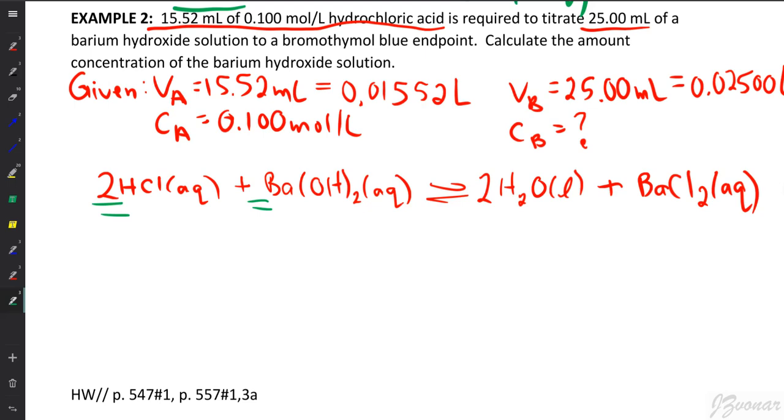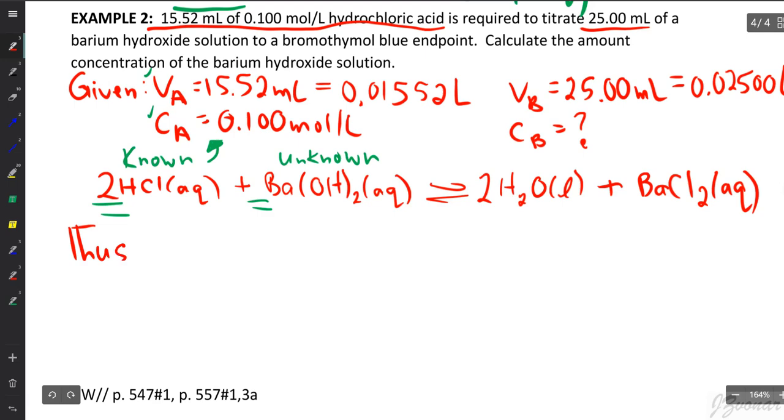First, this is my known. We see here, because we have both the volume and the concentration, this is my unknown. This is the one that I'm looking for. So therefore, we are going to find the moles of my acid.